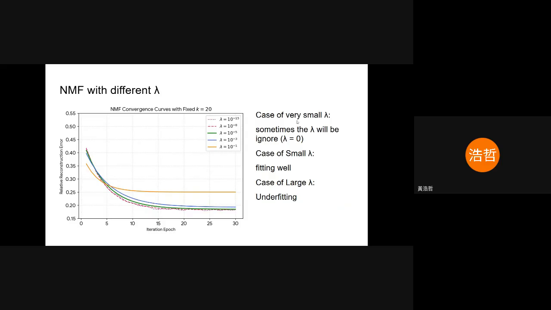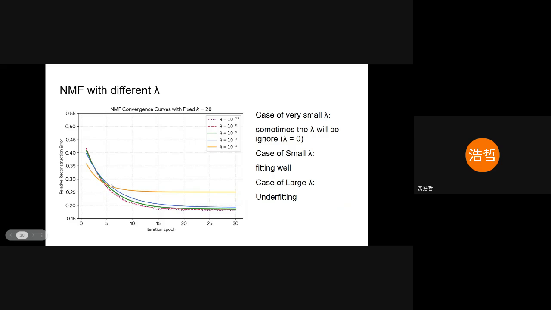But if you take too small a lambda, the lambda will sometimes be ignored when the diagonal value is large. So the NMF algorithm will sometimes fail, because you need to take the square root of the diagonal, and if some number is negative, the square root will fail.